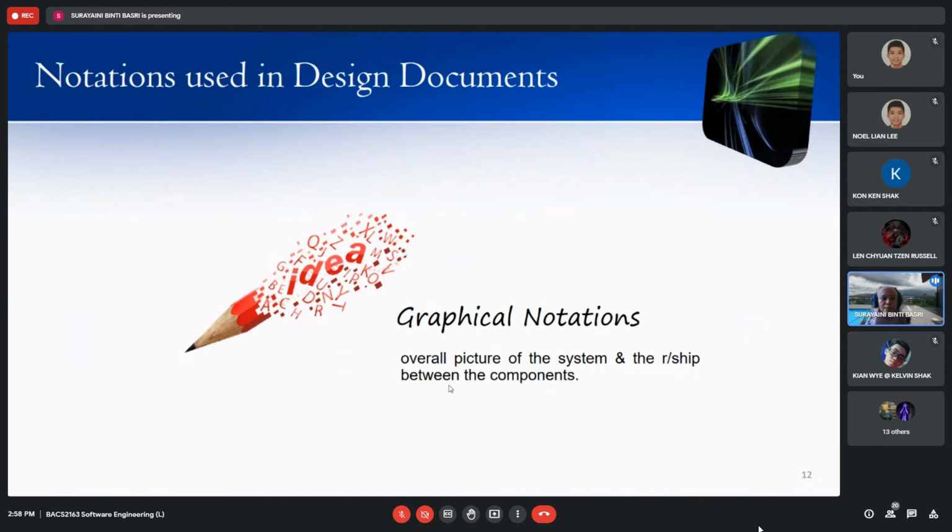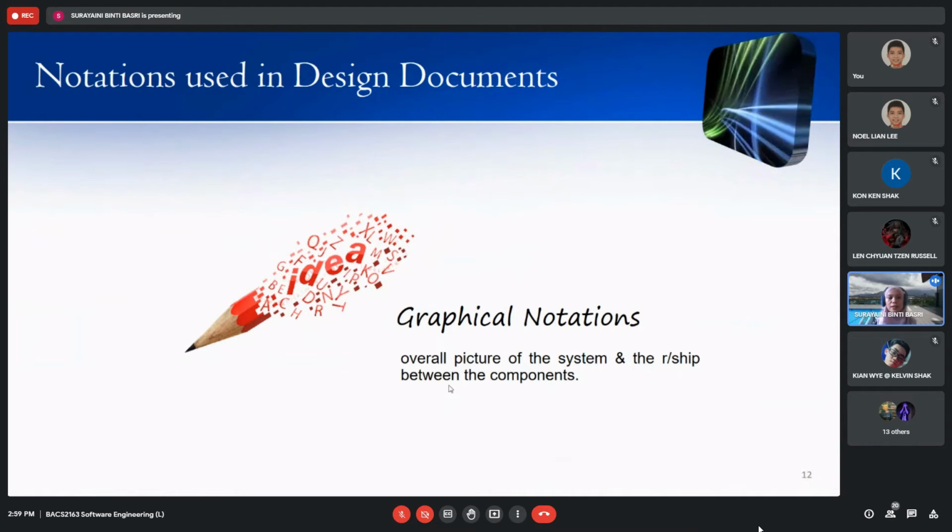For example, maybe you are developing a website, and you say that you are using a client server architecture. In order to create the graphical of the client server, maybe you put some servers, you put some users, and they are all connected through the internet.